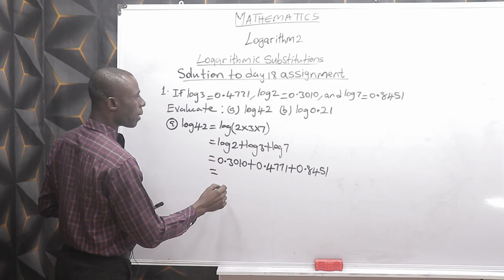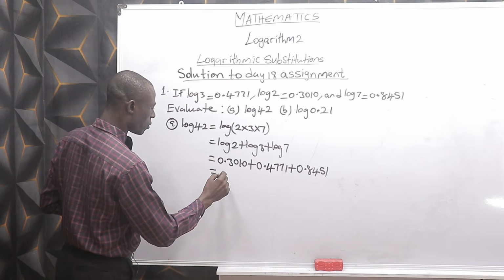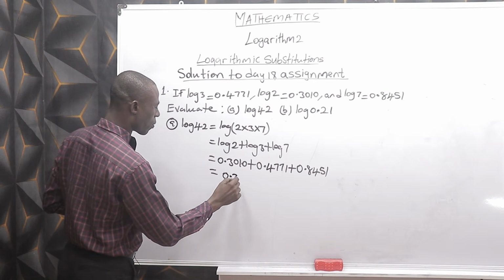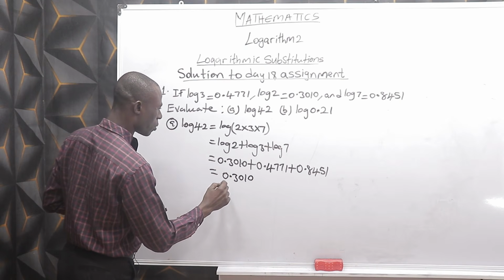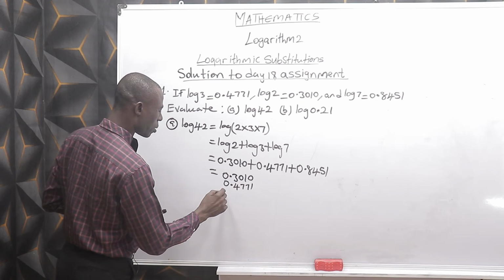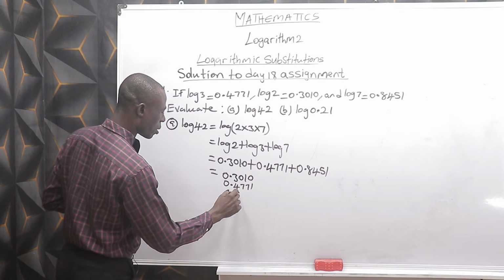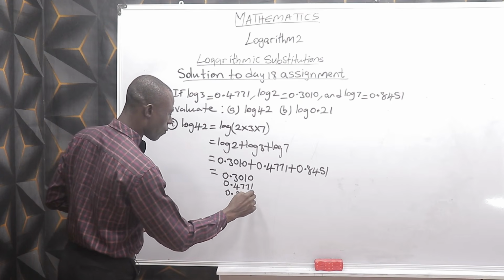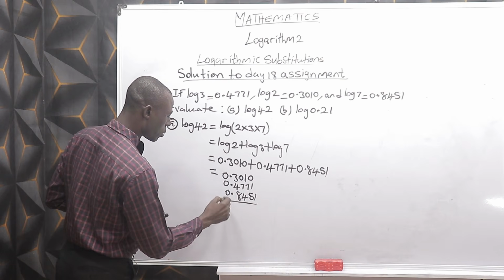Adding the 3 together, we have 0.3010, 0.4771, 0.8451.